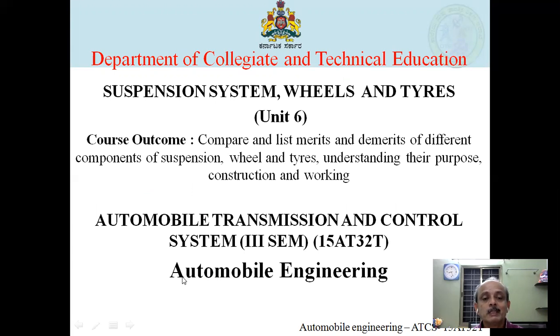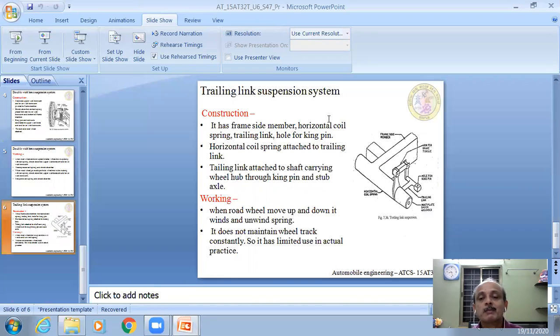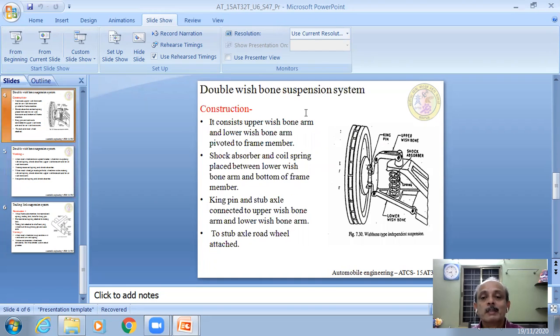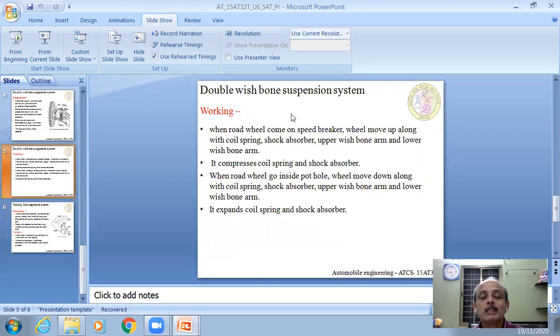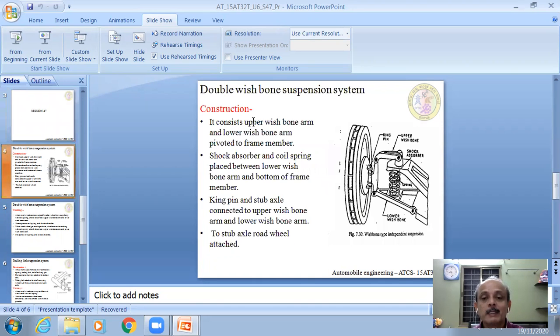Whatever we are studying also makes the answers for our regular detailed theory questions, for 5-mark and 10-mark questions: construction and working of the double wishbone suspension system, or construction and working of the trailing link suspension system.